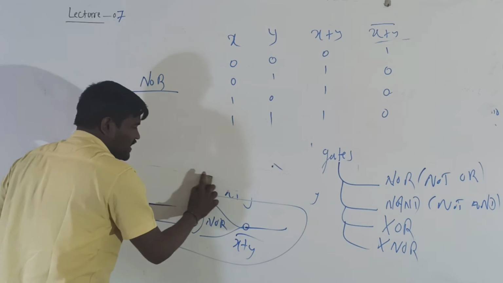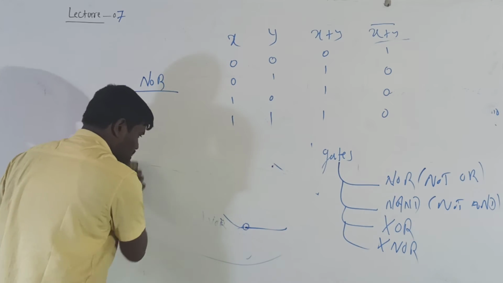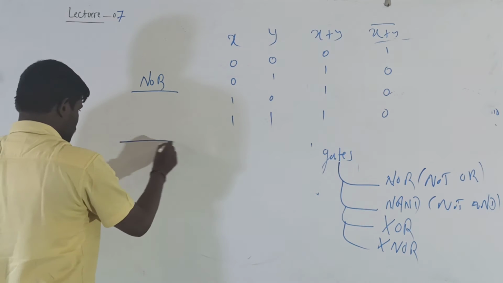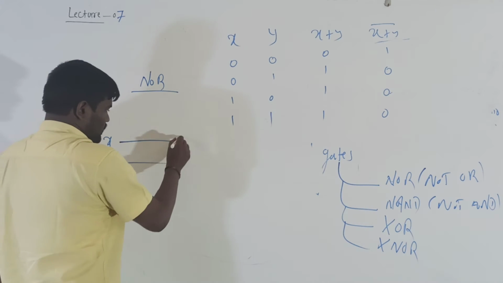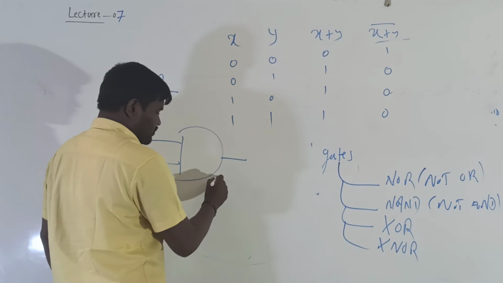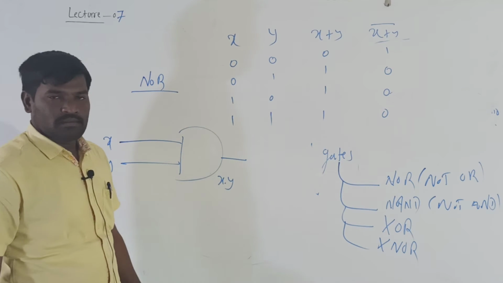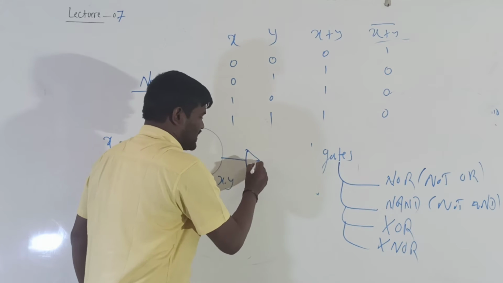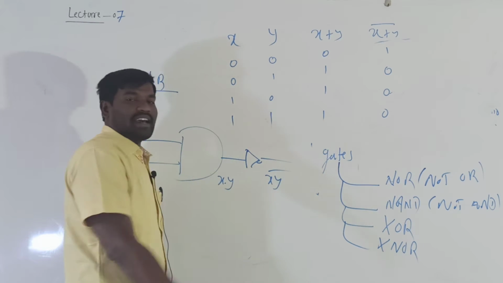Again the same: NAND means not of AND. First we draw the AND gate with inputs x and y, giving x into y. So this is the AND gate. Not of AND means you apply an inverter, giving x y whole bar.